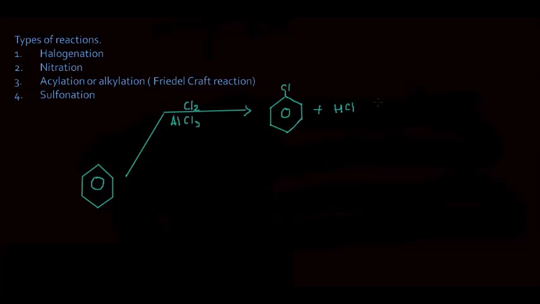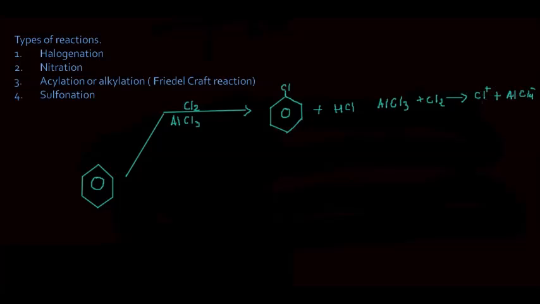Here the main role of the catalyst, that is aluminium chloride, is to form the electrophile. Now let's understand the reaction which creates an electrophile. So when aluminium chloride reacts with chlorine, it forms the electrophile, that is Cl+ and AlCl4−.